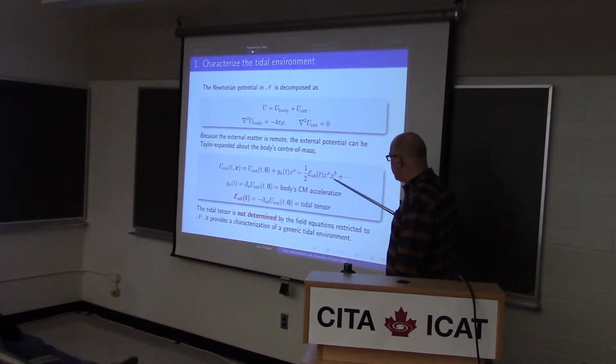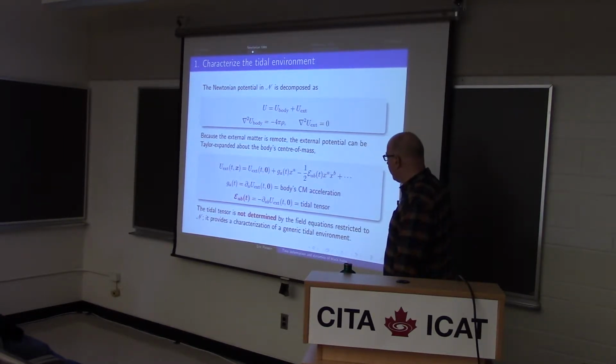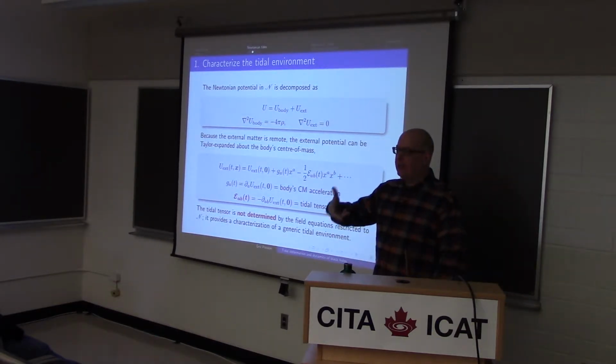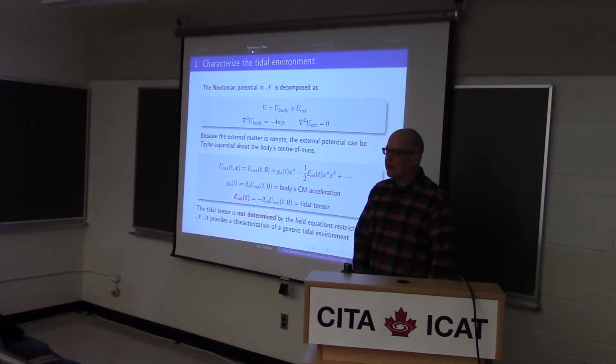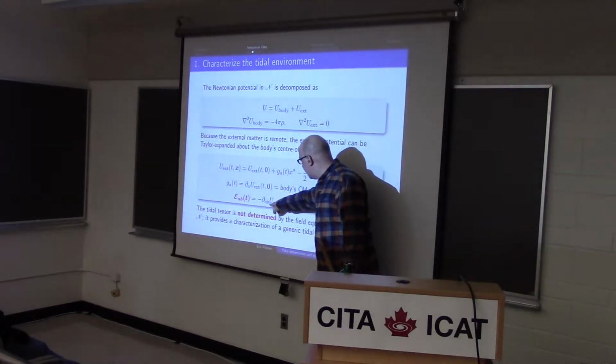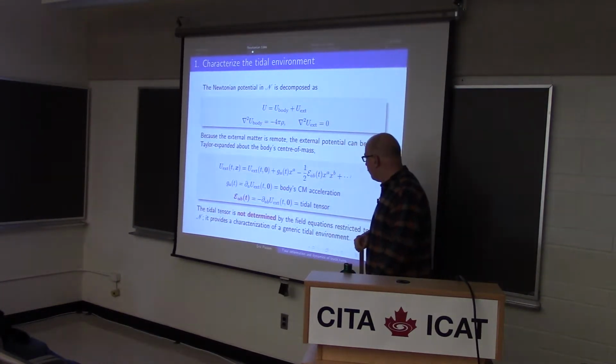It's a quadratic potential. After I take one gradient, it's going to be a pattern of force that's going to be linear in the displacement away from the center of mass. That coefficient in front is going to be the sole provider of all the information I need about the tidal environment. Of course, I get it by calculating two derivatives of the external potential, evaluating that at the center of mass.